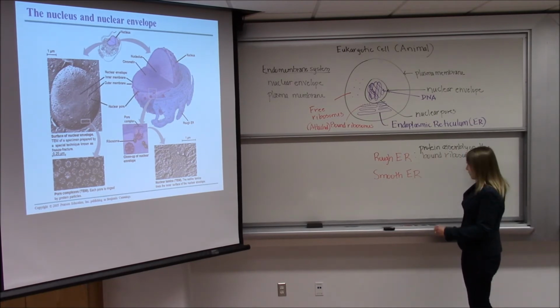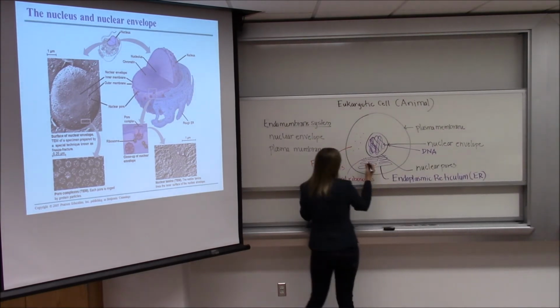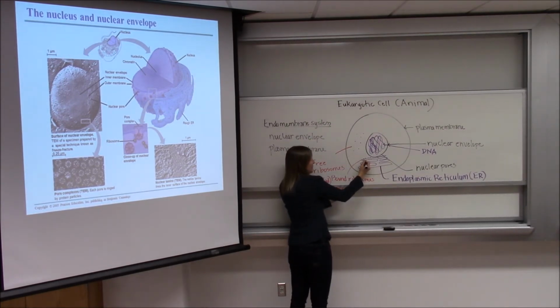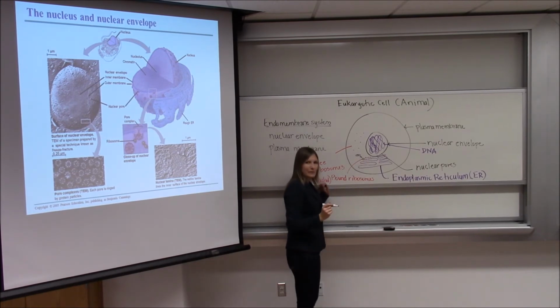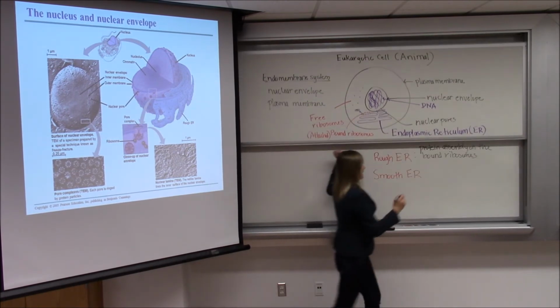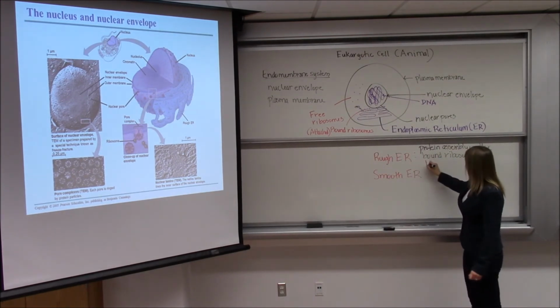And again, what's so cool about this is as we make that protein product, it can feed into the lumen of this rough ER, and then a piece of that can pinch off, carrying that protein product somewhere else. So this is a really handy setup. And again, protein assembly on the bound ribosomes, and these are primarily proteins for export.